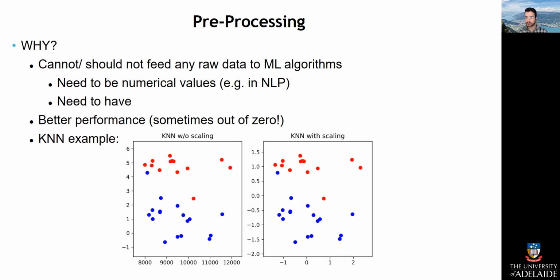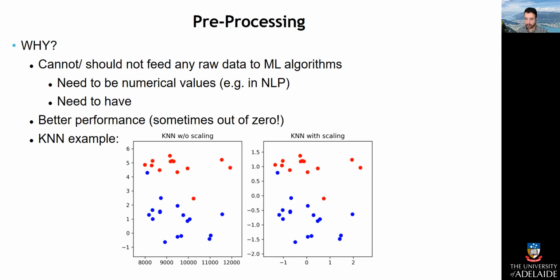If k is 5, it compares it to the 5 nearest neighbors and says, okay, the label for this newly seen sample is the label of the majority of those 5. Which means, in order to be able to compare, you need a distance metric, something to measure distance between different variables. And there, this range of values is very important. On the left-hand side, let's assume we have 2 variables, and one is in the range of, let's say, 7,000 to 12,000 or 13,000. The other one has way smaller values, between -1.2 and 6.7.